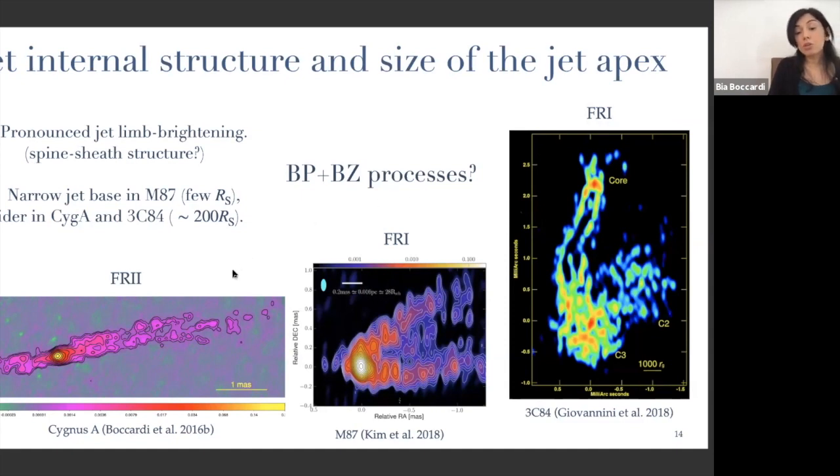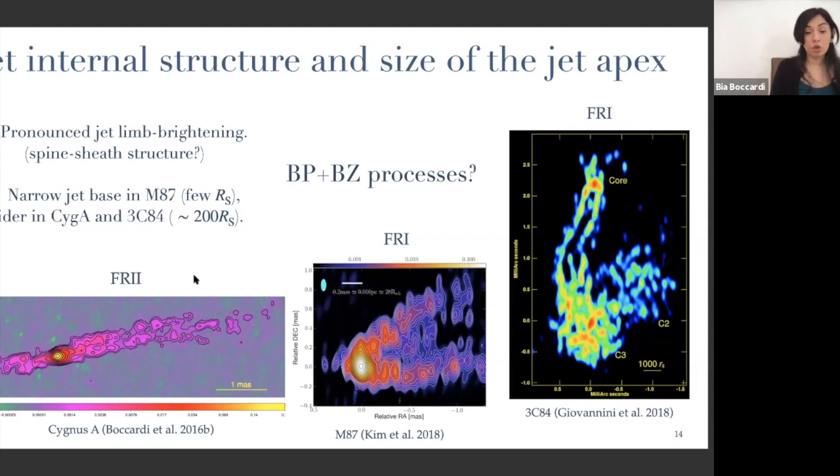A common feature of these jets is what we call limb brightening. When we are able to resolve the jet transversely, we see that these flows are not uniform, but strongly stratified, and the emission is typically brighter at the edges of the jet. This may be a signature for the existence of a velocity gradient in the jet.